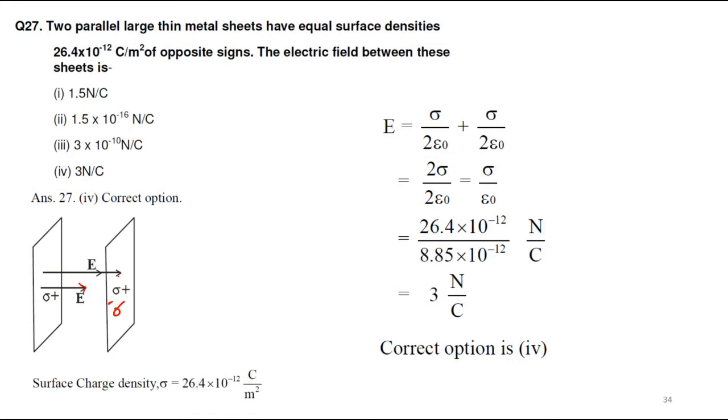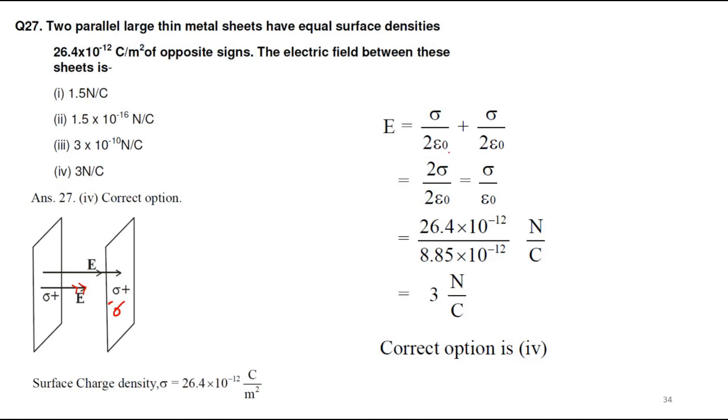In between, due to this sheet, because it is negative, it will also be in the same direction. So the electric fields due to both sheets will be in the same direction, so we have to add the two electric fields numerically.